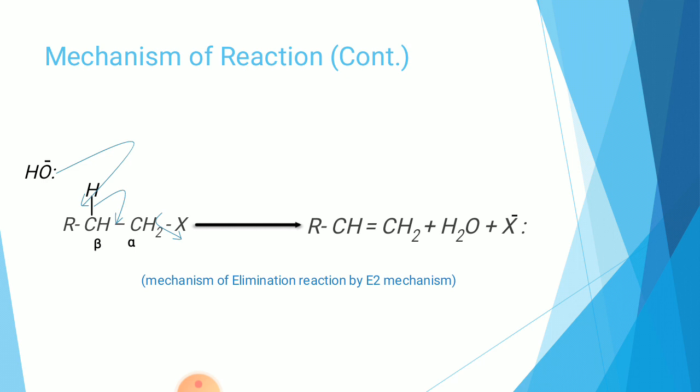So just see, two kinds of reaction are occurring simultaneously in a single step. First there will be removal of a proton from the beta carbon atom, and simultaneously the halogen atom will be removed from the alpha carbon atom. So both the reactions go on in a single step.